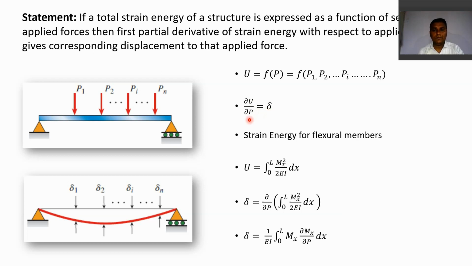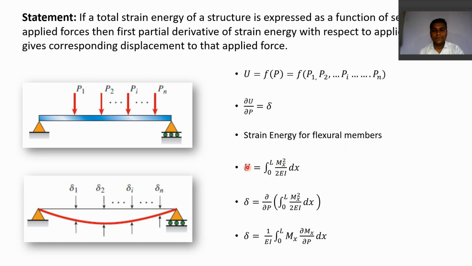Now when we are discussing the deflection or displacement in a beam, using this term ∂U/∂P is equal to delta, we first have to find what is this U, which is called the strain energy. When we consider a simply supported beam, generally we say it is a flexural member. So we should know that the strain energy for any flexural member is equal to the integration from 0 to L of M squared upon 2EI into dx, where M or Mx is the equation of the bending moment for that particular part of the beam.